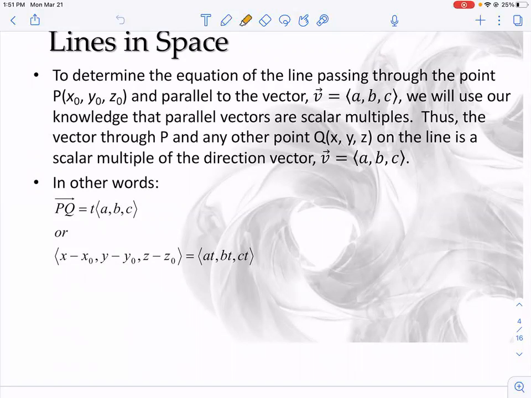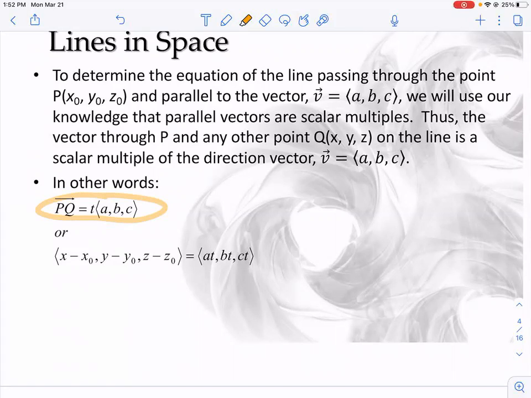So if this is the case, then I can distribute that t through. That's how we get at, bt, ct. When we have a vector, we take terminal minus initial, terminal minus initial, terminal minus initial, right?